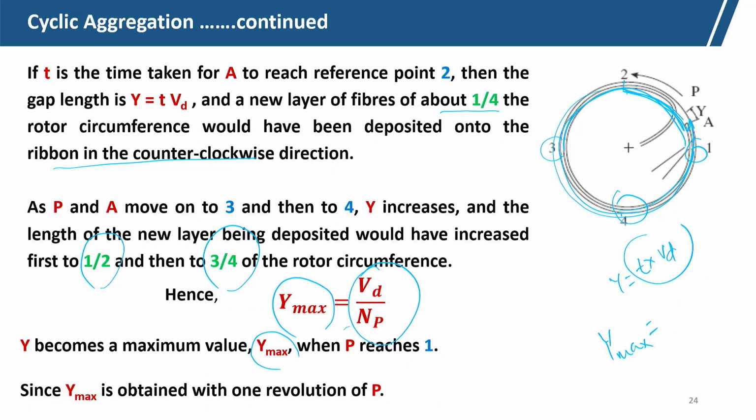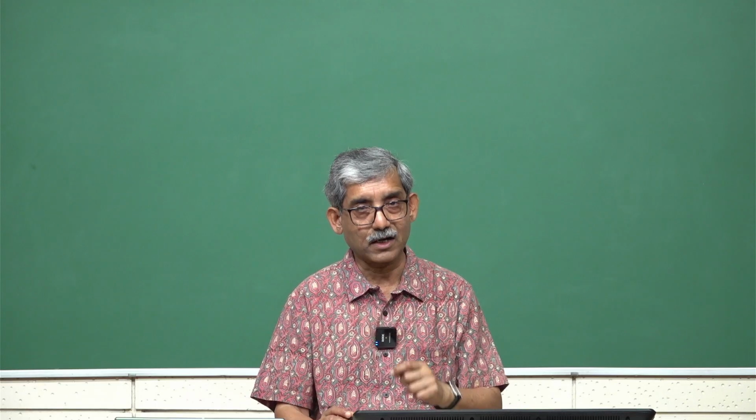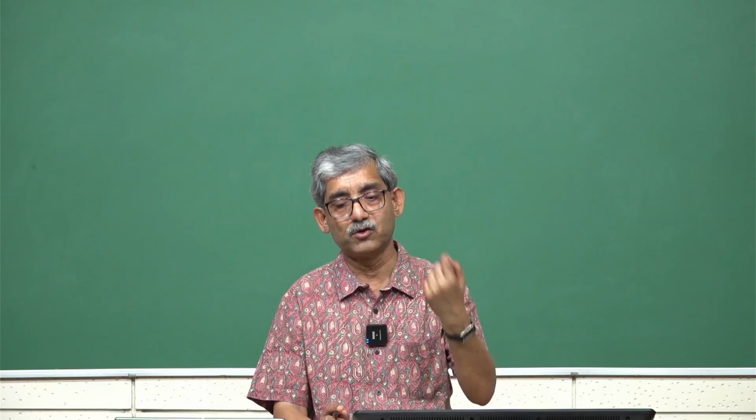So, Y max is obtained with one complete revolution of P, that is the peeling off point, which means one complete circumference of yarn withdrawal.